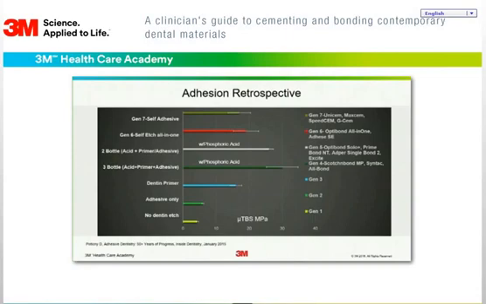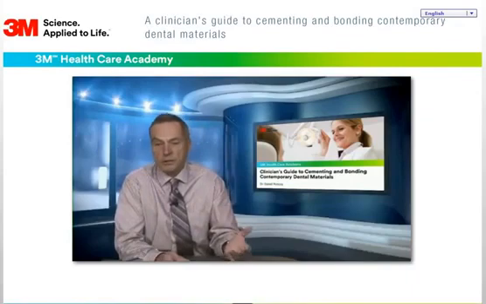And if you look at the overall values, you can see clearly that as we developed easier to use systems, there tended to be a drop-off in the level of adhesion that we had to dentin. And this was done for a variety of reasons. One was simply associated with the fact that it was a complex procedure. Three bottles here, how do I use it, for how long?